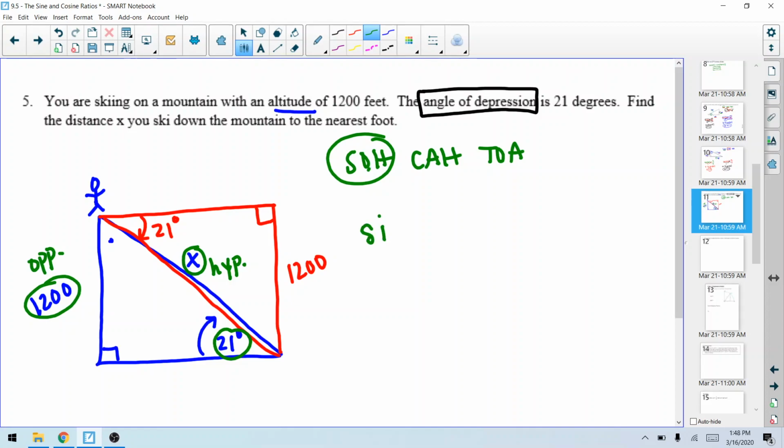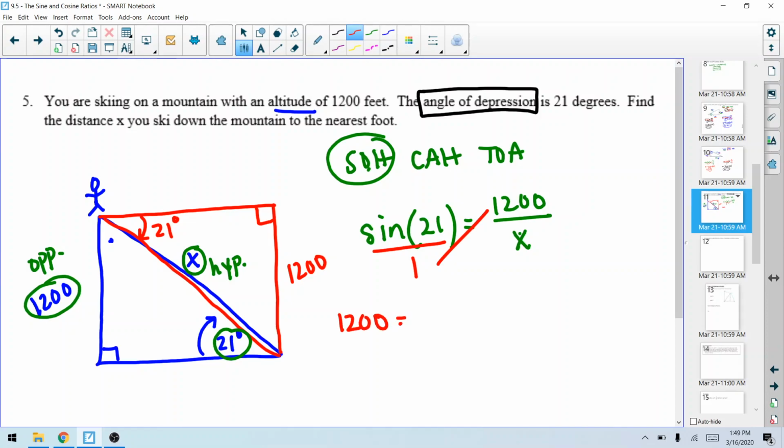So, sine of the angle. I repeat, of the angle. Don't put anything else in there. Is the opposite over the hypotenuse. Over 1, cross multiply. 1 times 1,200, 1,200 equals x times the sine of 21.